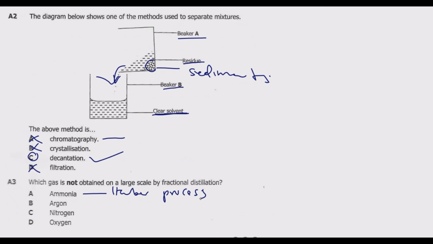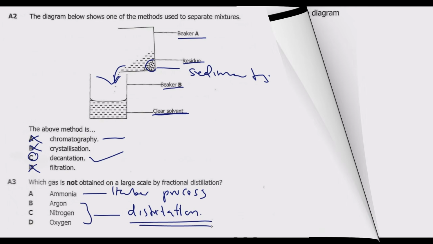It is the only common alkaline gas and makes red litmus paper blue, which is the test for knowing that this is ammonia. All these others are separated by distillation. These use fractional distillation to be obtained from the common air.